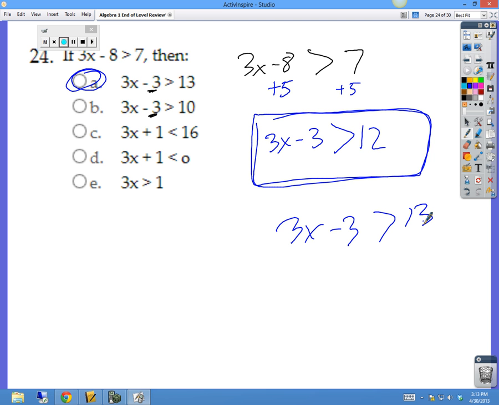Or if it's going to be anything greater than 12, what about B? 3x minus 3 is greater than 10. If it's going to be greater than 12, I'm not sure about this guy.